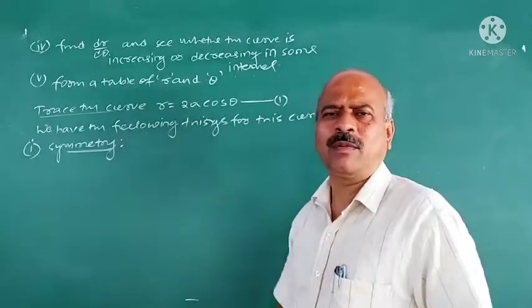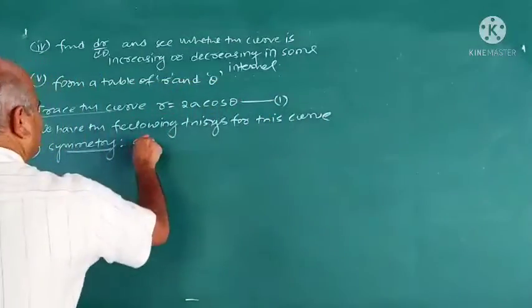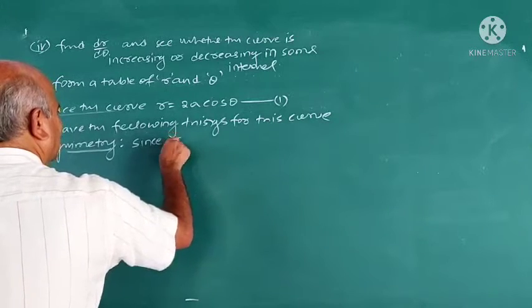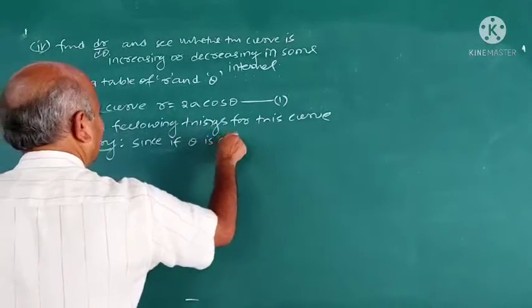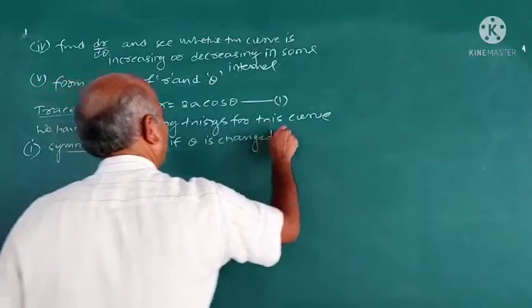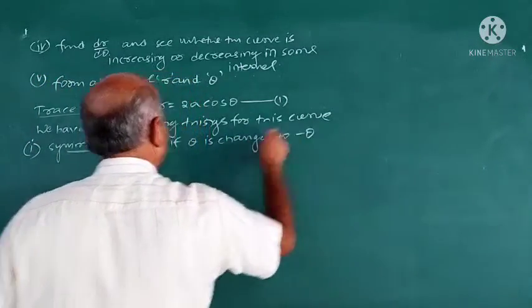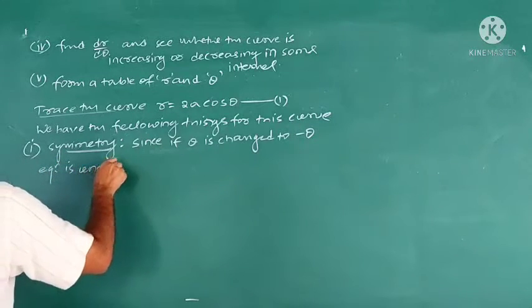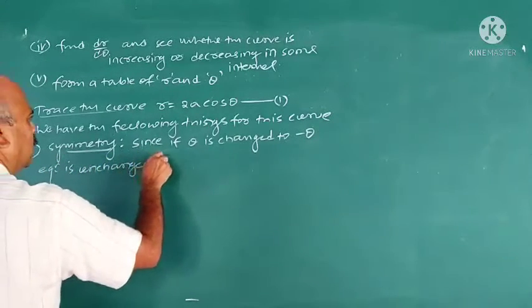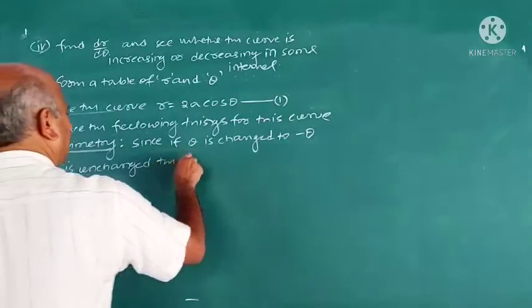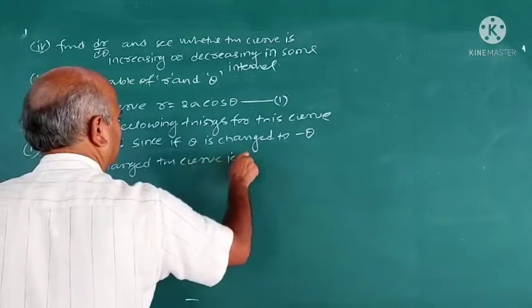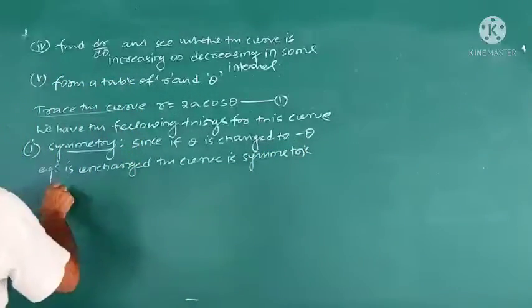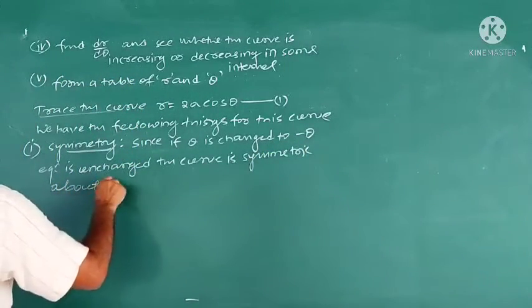Therefore the curve is symmetric about the initial line, since if theta is changed to minus theta, the equation is unchanged.